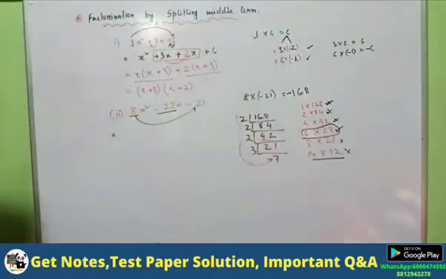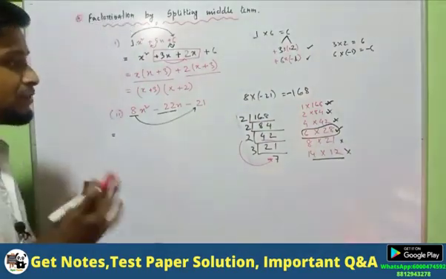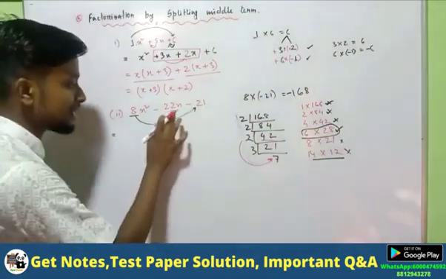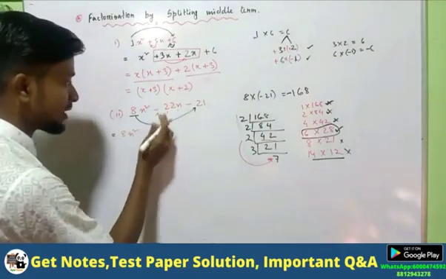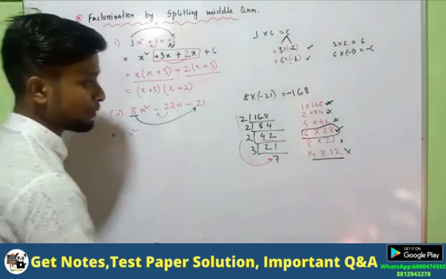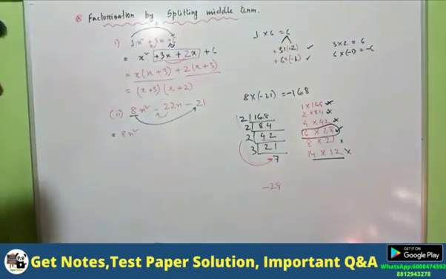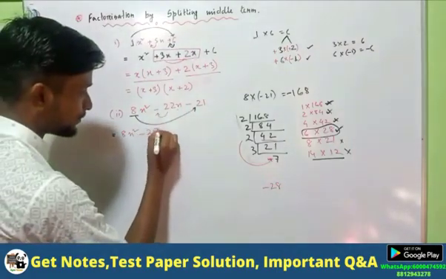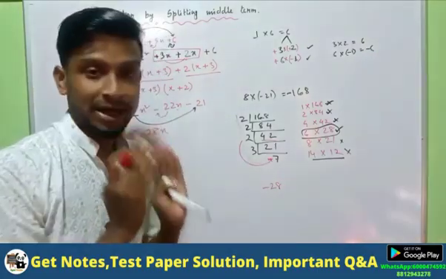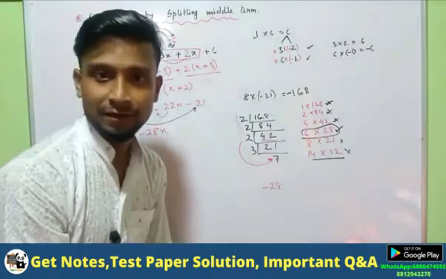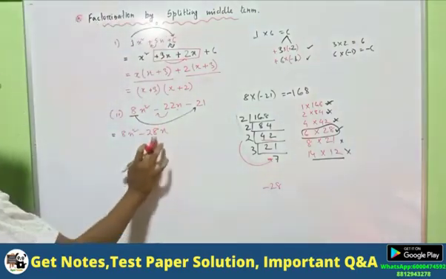Alright, 6 and 28. Already I have told you that we always have to check the sign before the middle term first. What is the sign before the middle term? It is minus, right? So we have to put a minus sign in front of the bigger factor. 28 is the bigger factor, so minus 28.